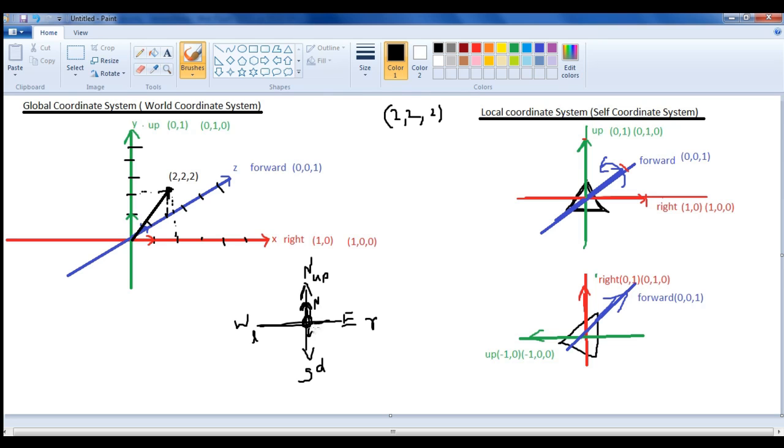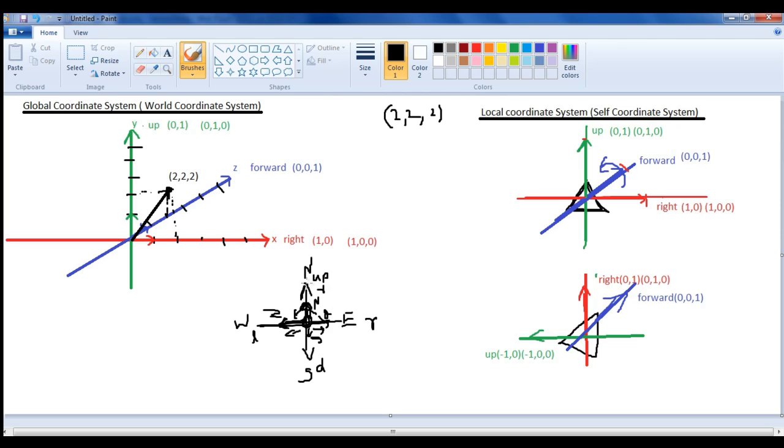This is east, or you can say this one is right and this one is left for you. But if you rotate, if you take a left turn at exactly 90 degrees, and start looking in this side, actually for you this one is north, and this one is right, this one is left, and this one is down, right guys?